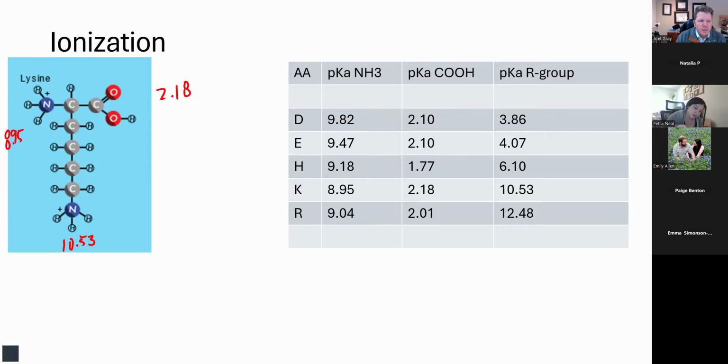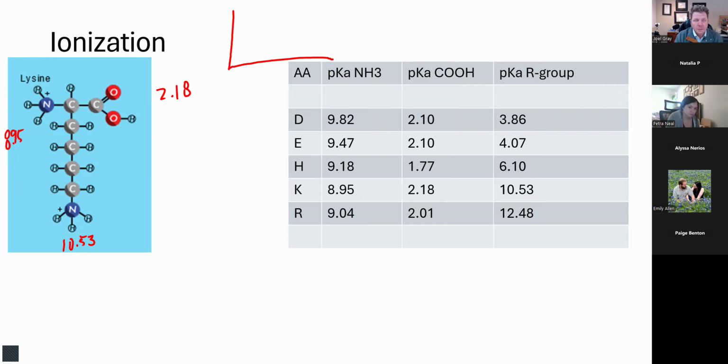I want you to also be able to identify what the possible structures of this molecule are. So if we take lysine, for instance, one thing that I want you guys to be able to do is to say, okay, lysine has 3 pKa values. So if I'm drawing a titration curve, I want 3 horizontal regions for it. 1, 2, 3.